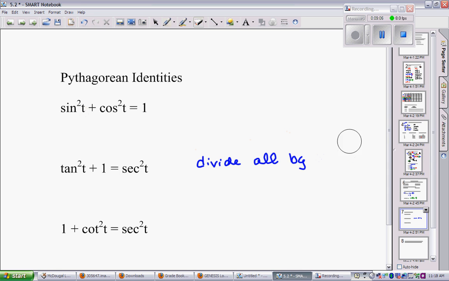We're not dividing by sine squared, we're dividing by cosine squared t. Sine over the cosine gives us tangent. Cosine over cosine goes to 1. 1 over cosine squared is secant squared.